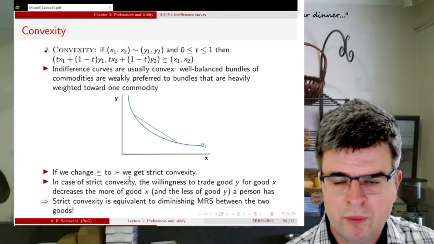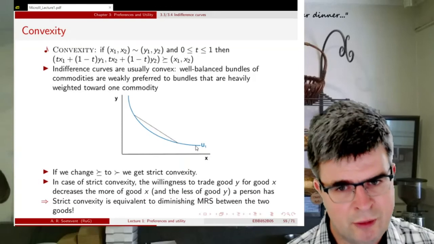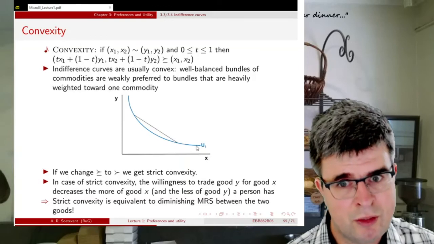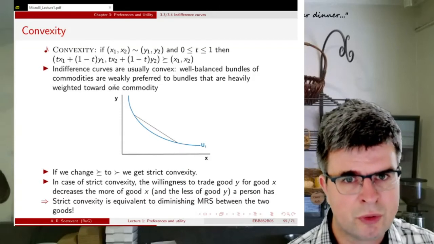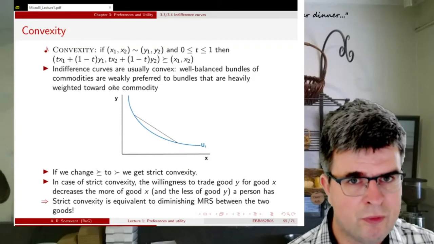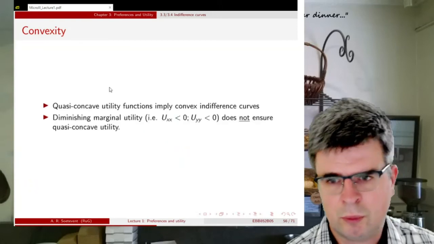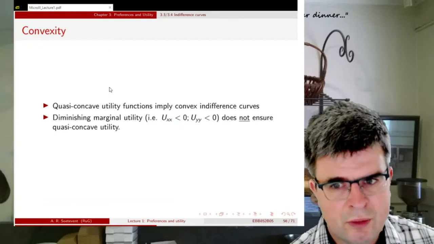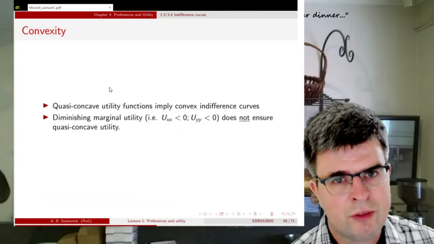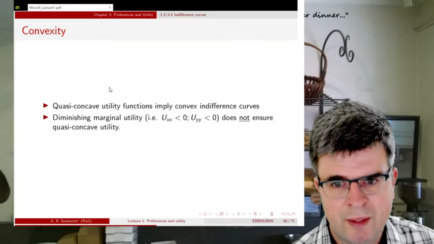Okay, so then the question you may have is, we have here the two-dimensional indifference curves, and then we have the utility function. How is the convexity of the indifference curve related to the form of the utility function? Again, a good question. So the result is that quasi-concave utility functions imply that you will have convex indifference curves.